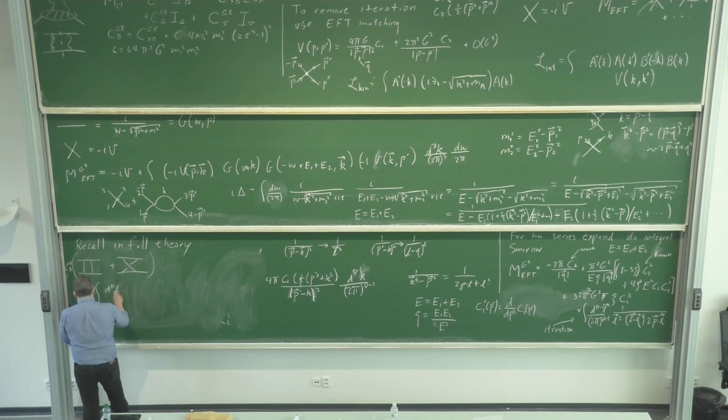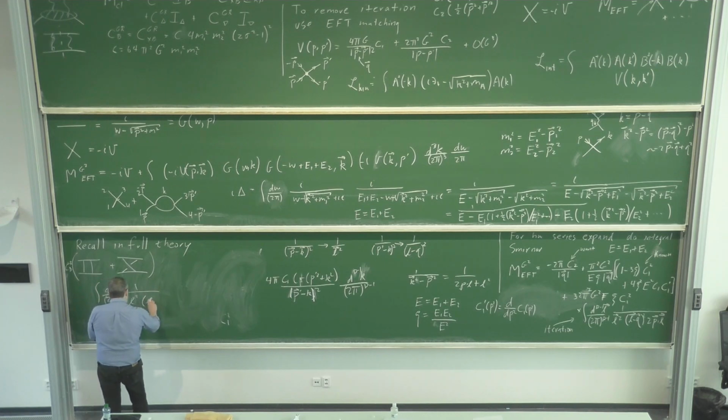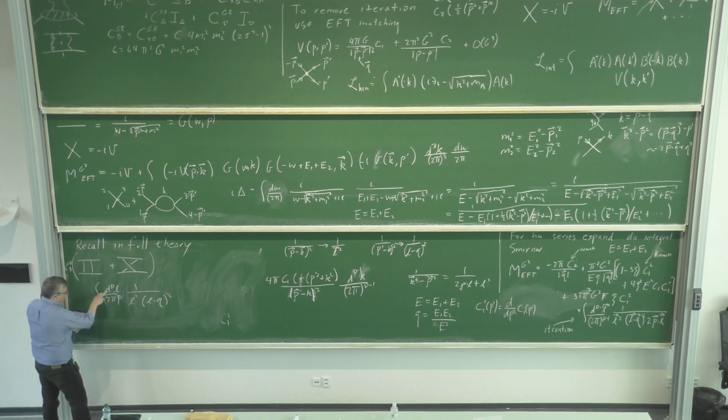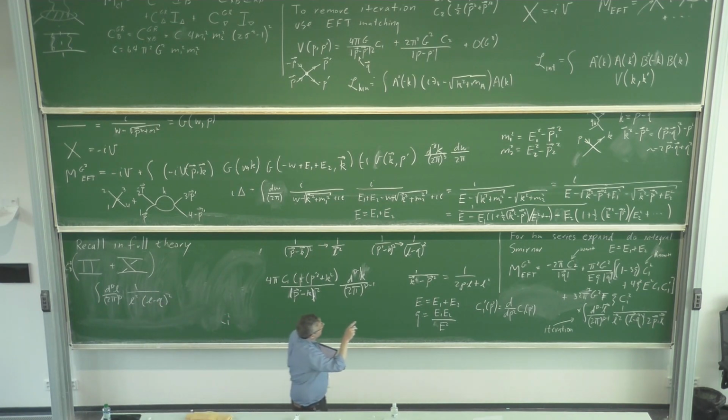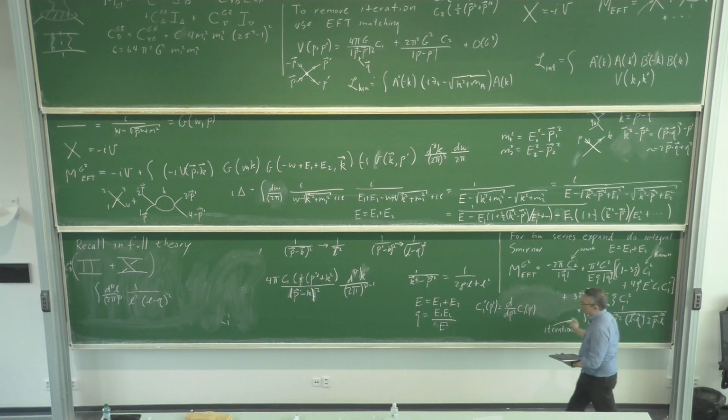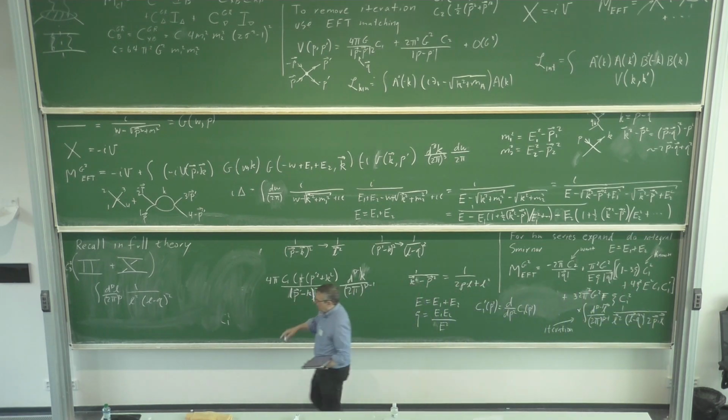Integral d^d l over (2 pi)^d, 1 over L squared, (L minus Q) squared. This is now 4-dimensional, really d-dimensional. Notice the integral there is d minus 1 dimensional. So if I'm going to match them, I have to do one integral here, the energy integral.